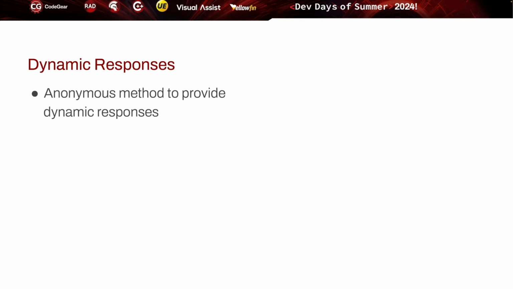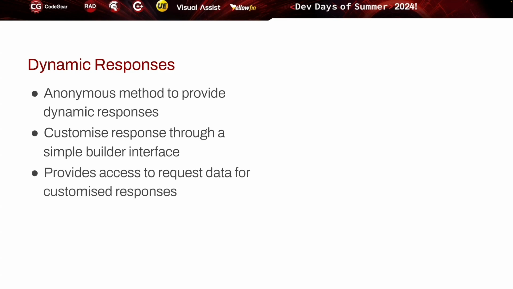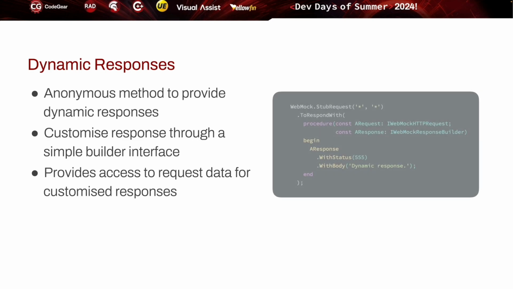So then we have the ability to dynamically respond. This is where you take an anonymous method to provide dynamic responses. You customize the response through a simple builder interface, and the anonymous method provides access to request data for customized responses.